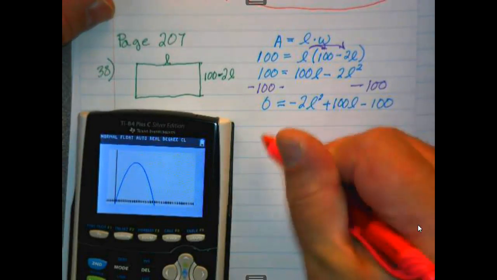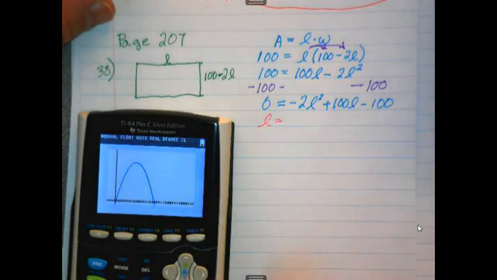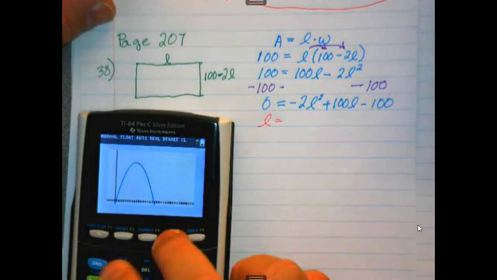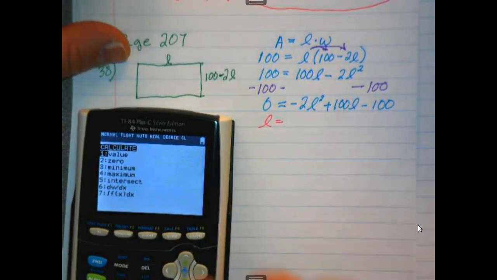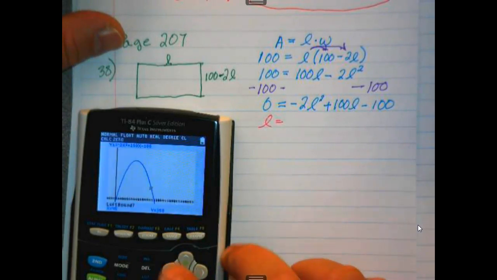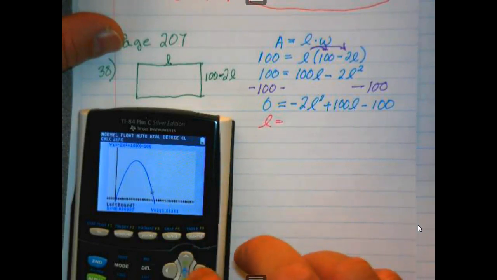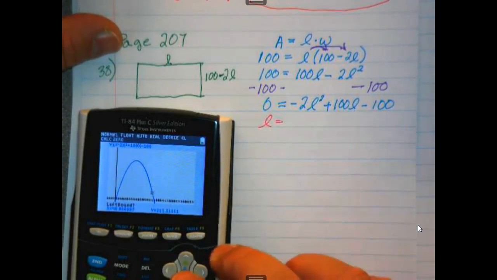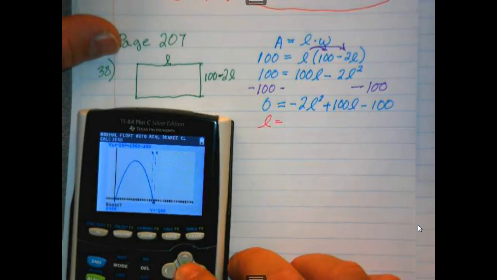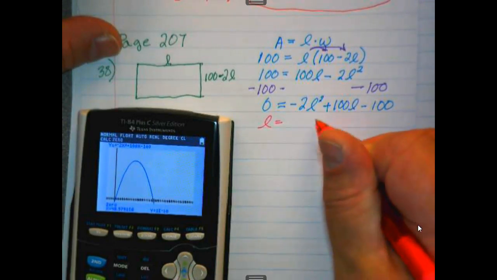Second trace, 0, enter. Since my cursor's over here, I'm going to pick up this 0 first. Left bound, enter. Right bound, enter, enter. So that's at 49.